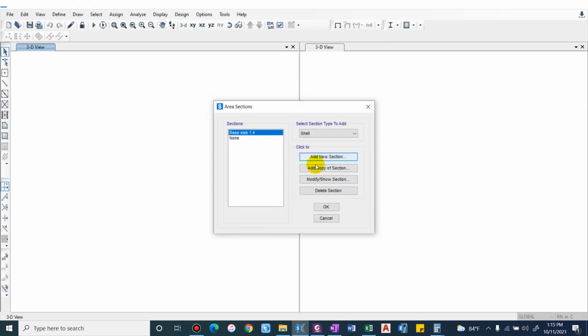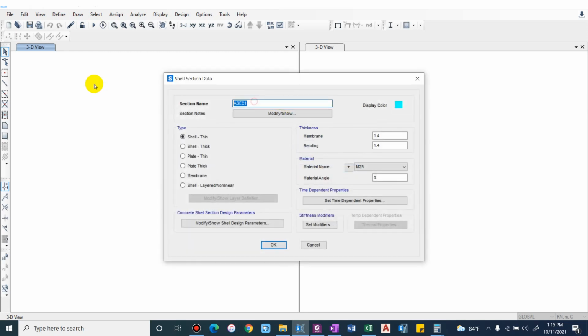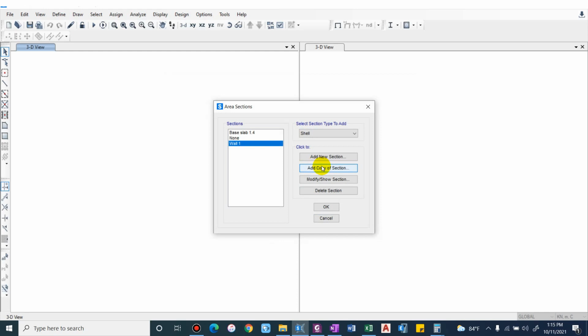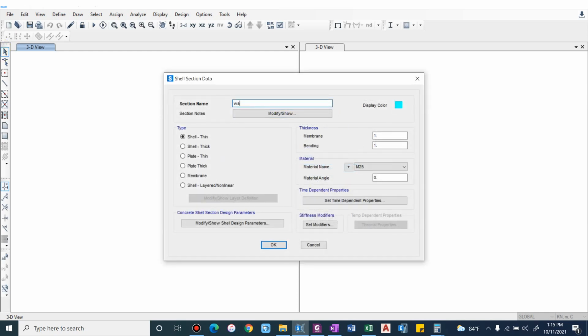Okay, similarly add copy of section. Now we'll add wall. At base we have 1 meter, so 1, other things will be the same, and this is wall 0.75.